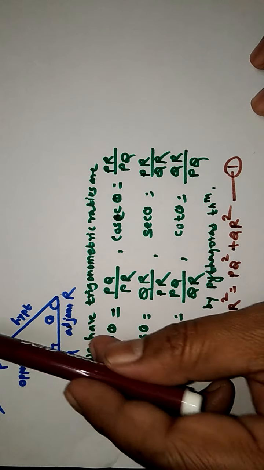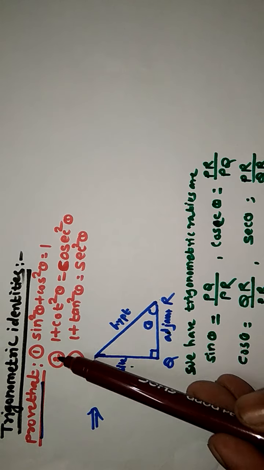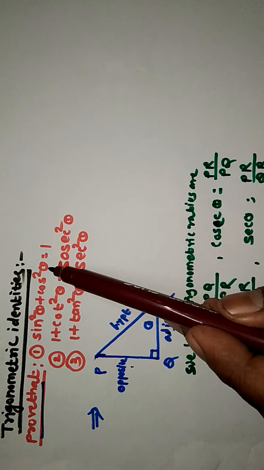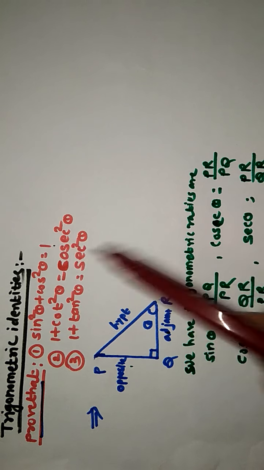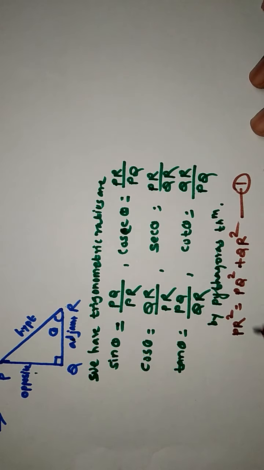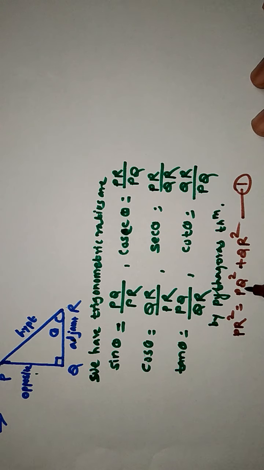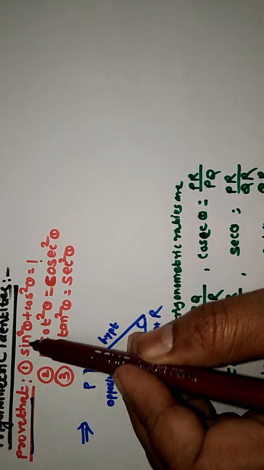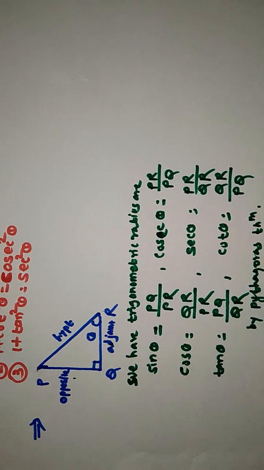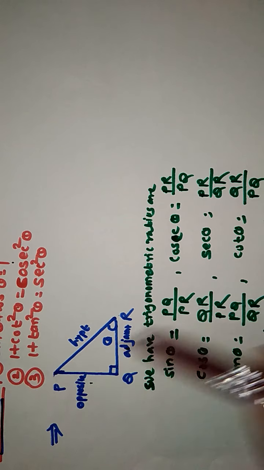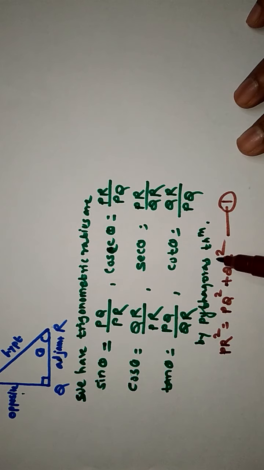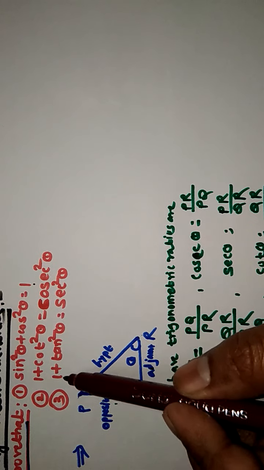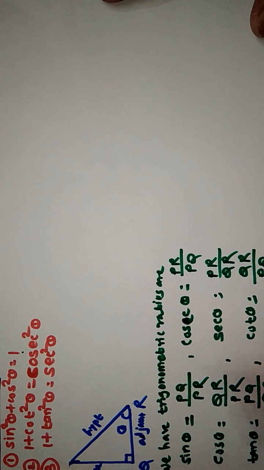Now to prove these identities, sine square theta plus cos square theta is equal to 1, how can we solve this? Divide PR square on both sides and we get the first identity. On dividing by PQ square, we get the second identity, and dividing by QR square on both sides of equation 1, we get identity number 3. Now we solve this.